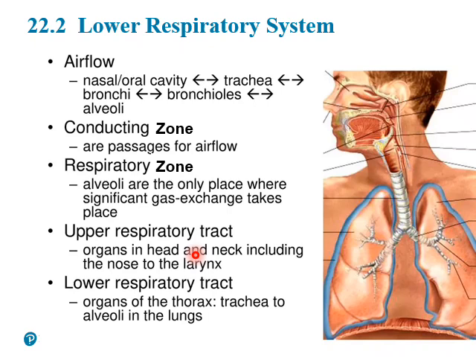Let's take a look at again more of the physiology in the lower respiratory system. The air passages in the lower respiratory tract undergo 23 orders of branching. This branching is actually referred to as the bronchial tree.